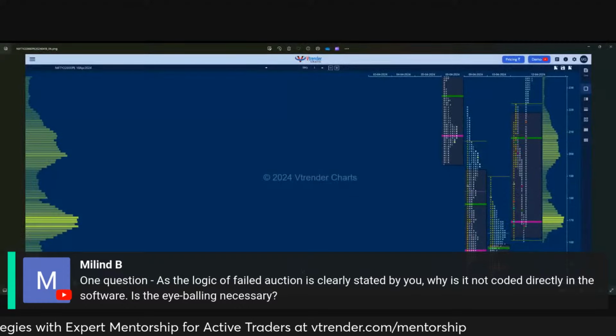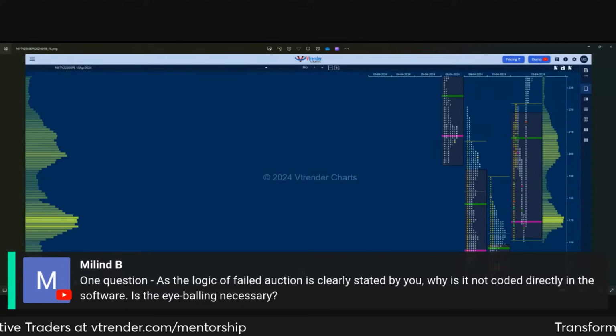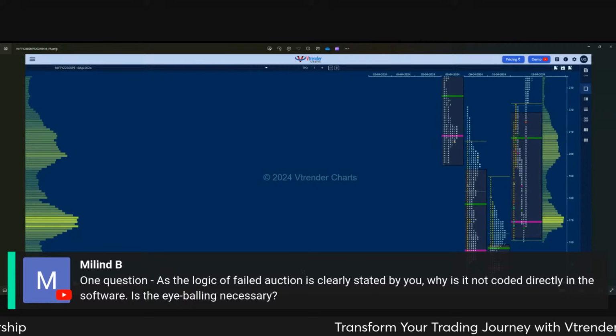So I have an image of this 22,800 put option. This was of this expiry, the 18th April expiry itself. I hope everyone is able to see the chart.